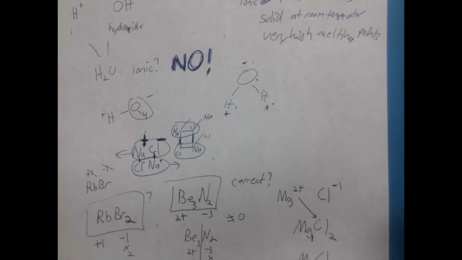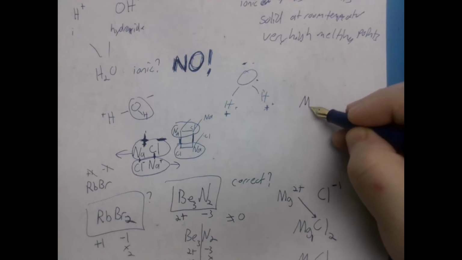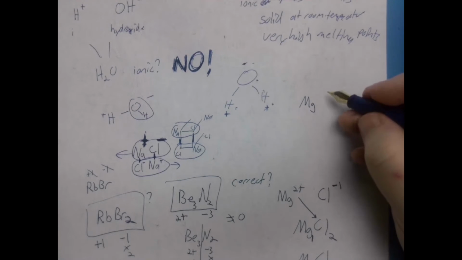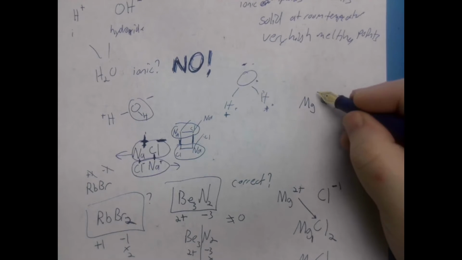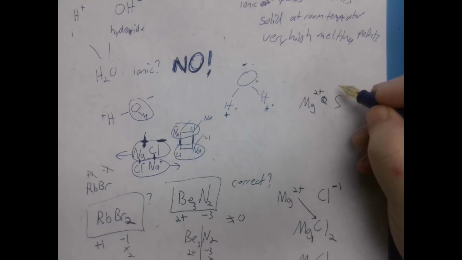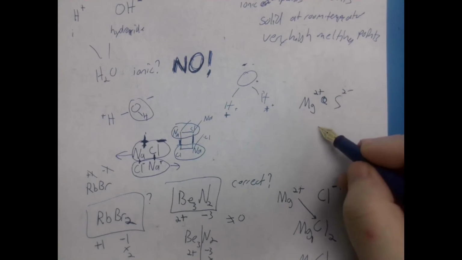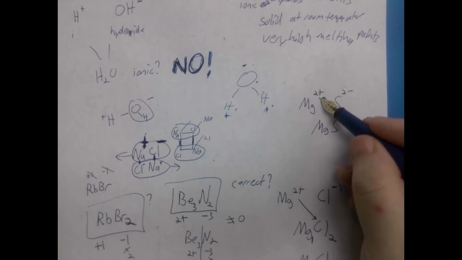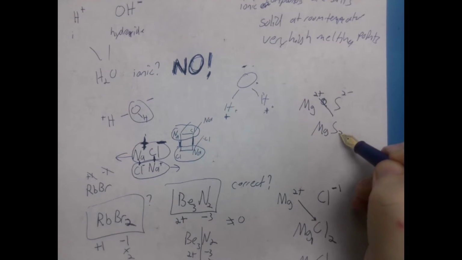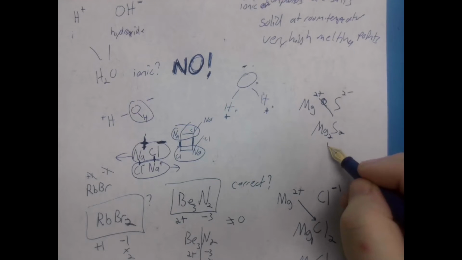Let's do another one. Let's do magnesium and sulfur. So this has a 2 plus charge. This has a 2 minus. Write the formula beside them. 2 is going to come down over here. 2 is going to come down over here. But there's a final step.